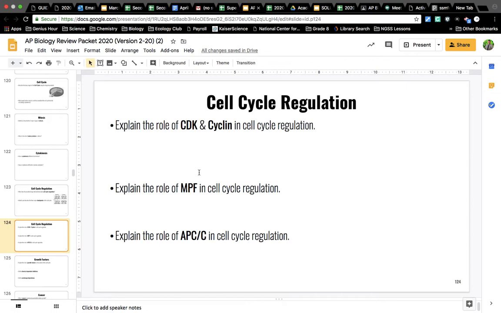So as the concentration of MPF increases during the cell cycle, the amount of cyclin also increases. And these MPFs can also act as a kinase, phosphorylating proteins that help break down the nuclear membrane, and they also assist in chromosome condensation and spindle fiber formation as well.